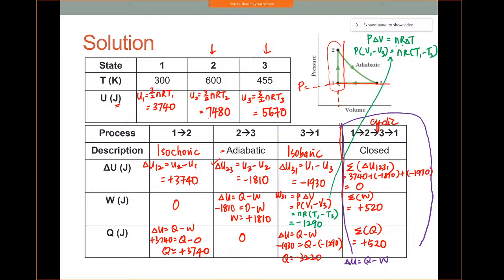So if your calculation is correct, when you double check, you will still get the correct answer, right? So this is what we mean when we are having a cyclic process. Your delta U of the whole system will be equal to 0, but it doesn't mean that your work done and also your heat exchange will be 0 as well. But definitely your delta U will be 0.